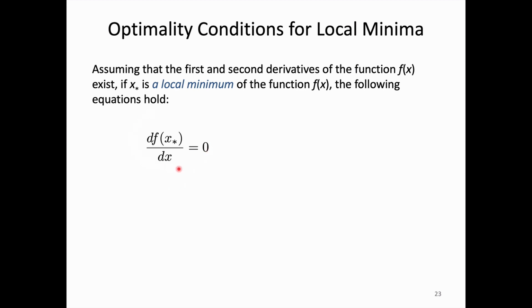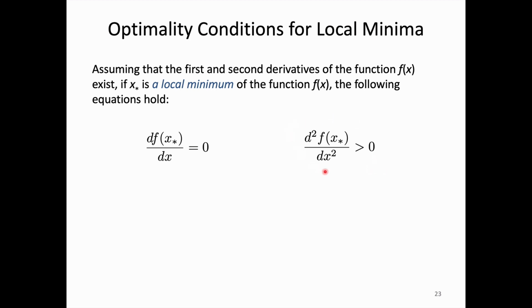And so this condition by itself is not enough, but the combination of this condition on the first derivative along with this condition on the second derivative is enough to say that yes, this is definitely a local minimum.